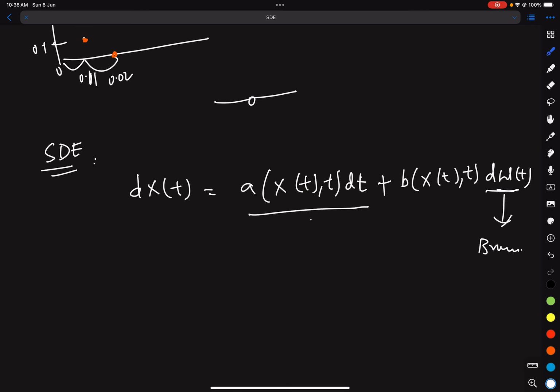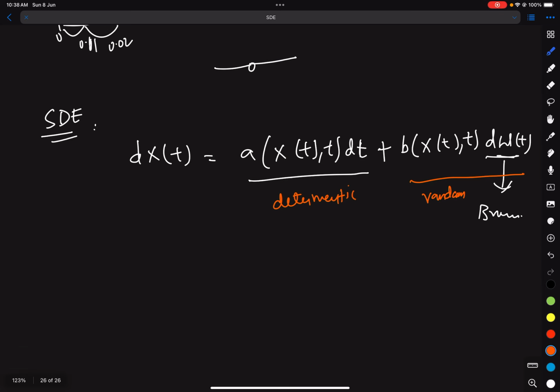So this entire part is called deterministic, and this entire part is called the random or stochastic component. This deterministic part is simply an ordinary differential equation which describes how a quantity changes over time with respect to a single variable.